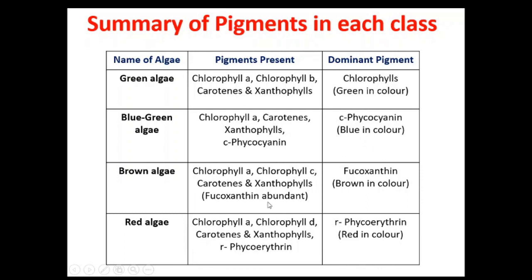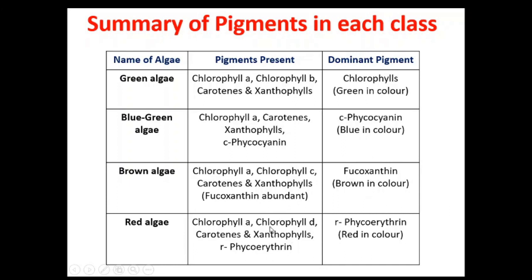Now the photosynthetic pigments in brown algae. The brown algae comprises the chlorophyll A, chlorophyll C, carotenes and xanthophylls. Fucoxanthin is abundant in brown algae. Now since fucoxanthin is abundant in brown algae, the characteristic color of the brown algae is brown.